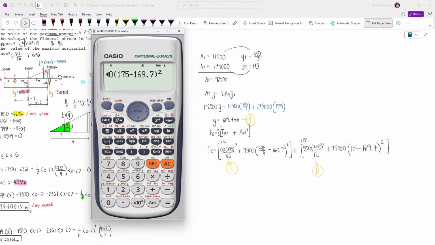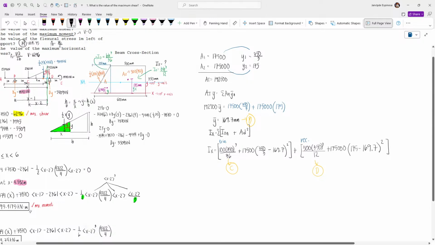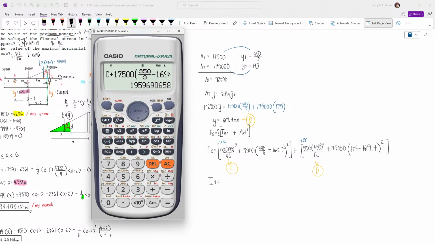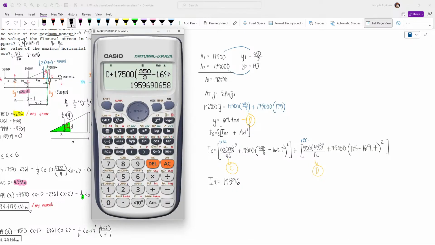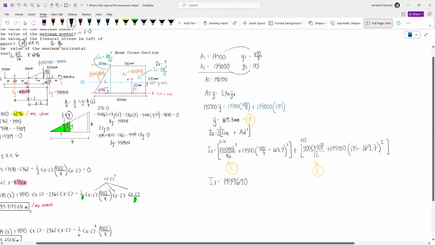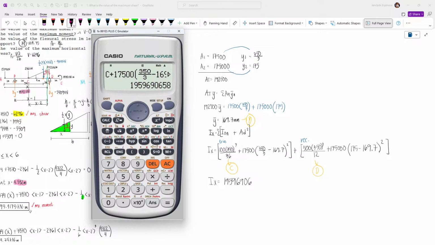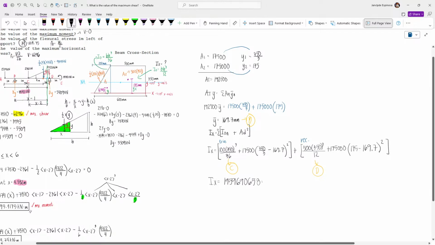Nya ko na siya i-square. So atong result medyo taas, no? So ako lang isuot ang whole gid. Ix equals 1959 6 906 58, and then our unit is mm to the 4th.